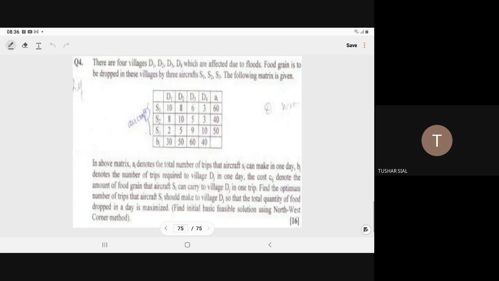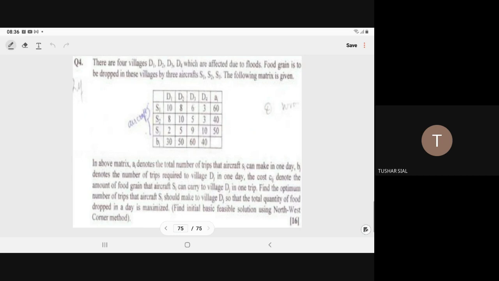Yes, sir. Now there is a very important question. There are four villages d1, d2, d3, d4 which are affected by floods. Food grain is to be dropped in these villages by three aircraft S1, S2, S3. The following matrix is given.